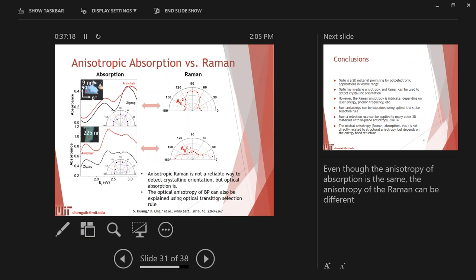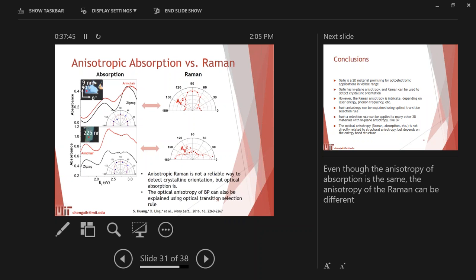So here is the optical absorption for BP. No matter how intricate Raman anisotropy is, we always observe the maximum optical absorption of BP along 90 degrees or armchair direction. But for the Raman case, they can be different.